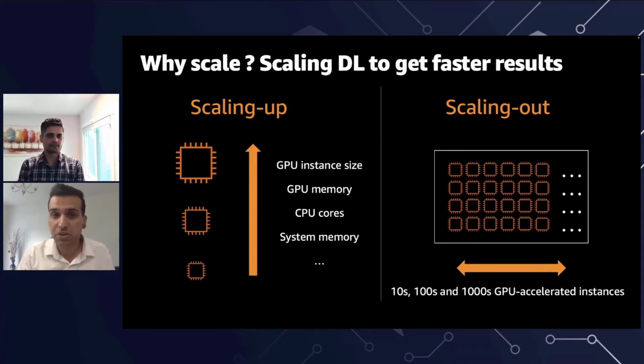However, there is only so much in resources that you can add to one single machine. When you hit a wall with that and you need even more performance, that's when you have to scale out and include more machines in your cluster. This means you are taking your data and your code and training them on multiple machines together.